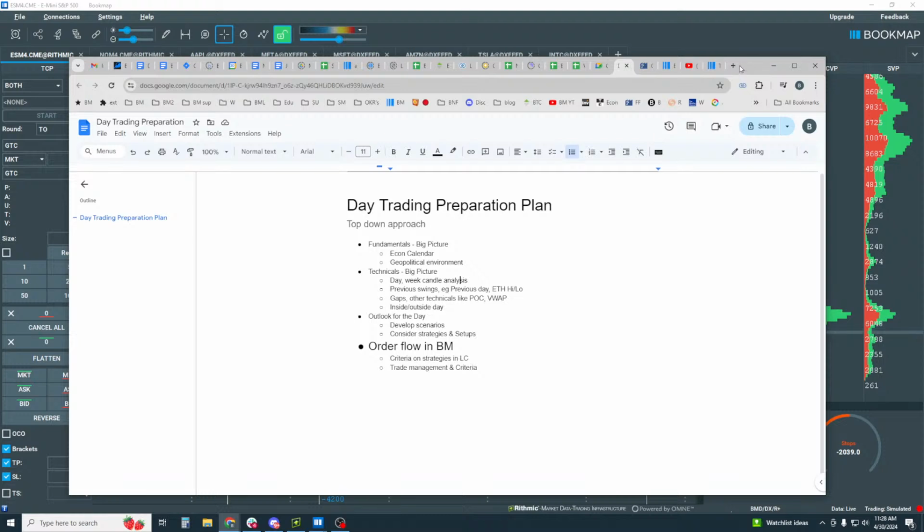We just had it go to the next range. On our trade idea, well, it wasn't a trade idea, it was more of a trade management idea. Okay, other technical levels, previous swings. We covered that one pretty nicely today because our range was extended and it was to a previous swing.